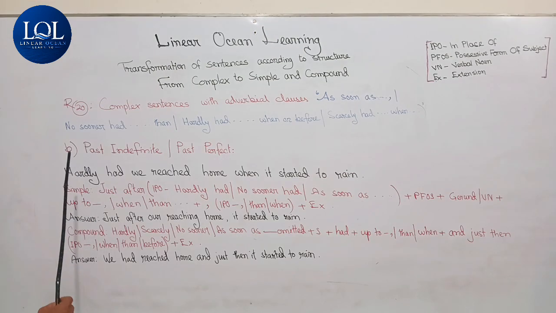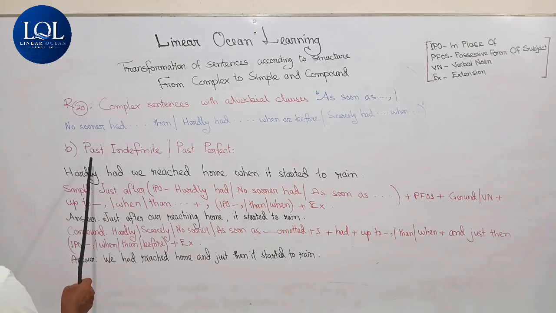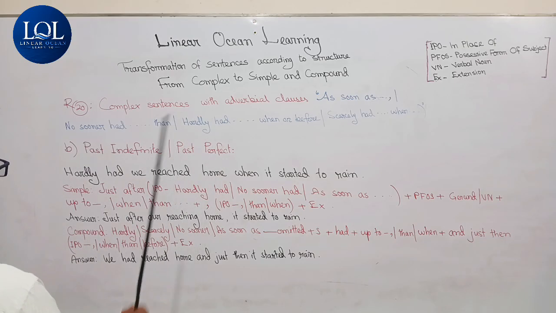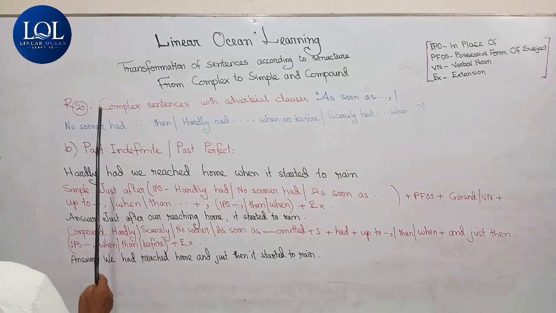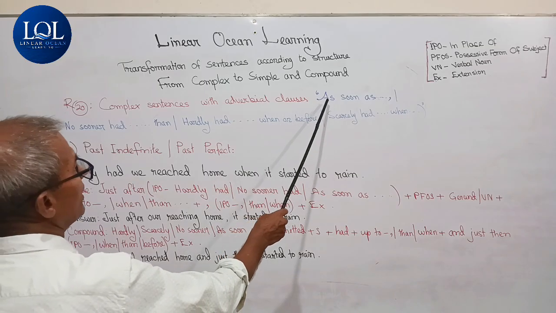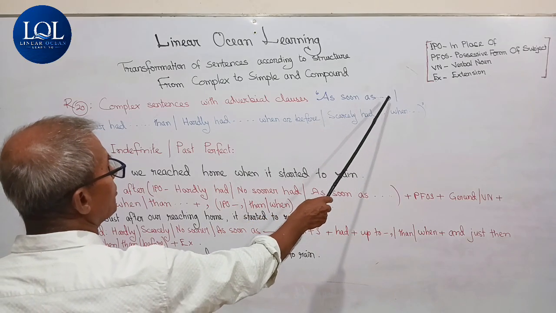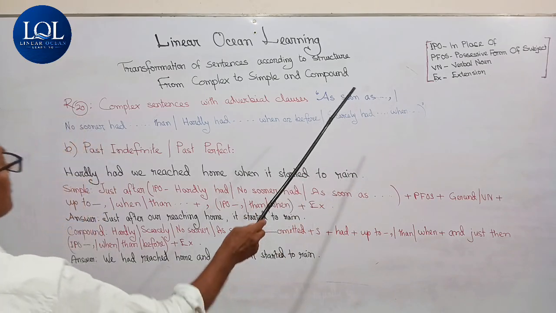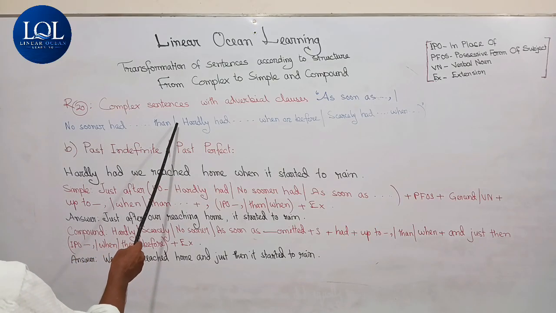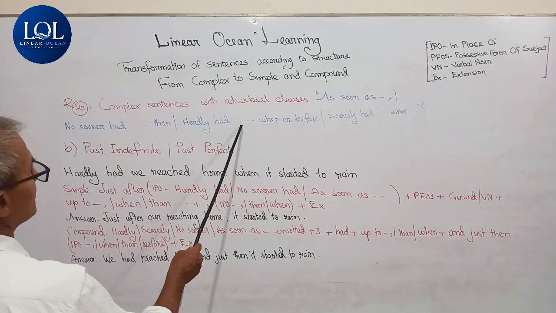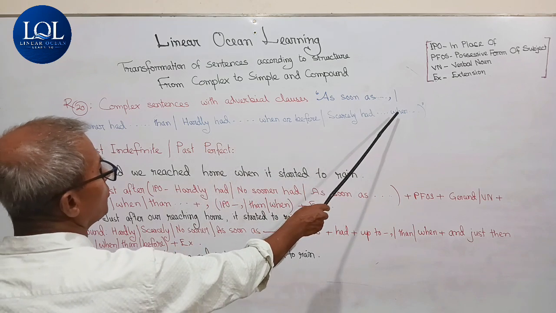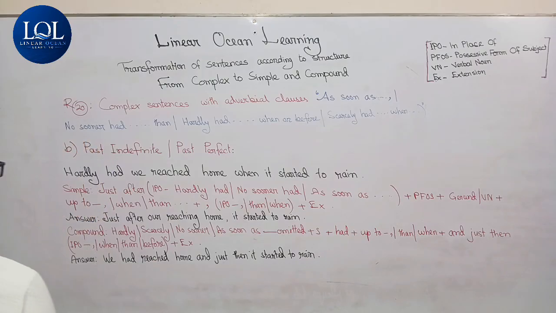Viewers, now Rule B, on past indefinite or past perfect tense. On complex sentences with adverbial clauses: as soon as, no sooner had... than, or hardly had... when or before, scarcely had... when or before.